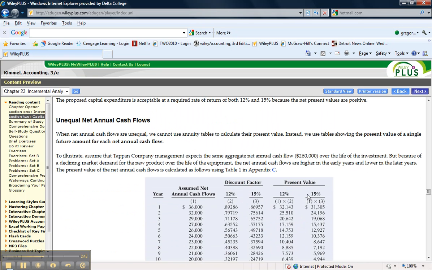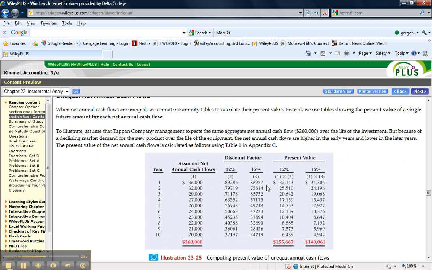The only difference for unequal cash inflows is that you can't use the annuity table. You have to look at each expected cash inflow year by year and come up with the present value for each of those years using the present value of one amount, Table 1 in Appendix C. So a year from now you expect to get $36,000 from this investment. What's that worth today?